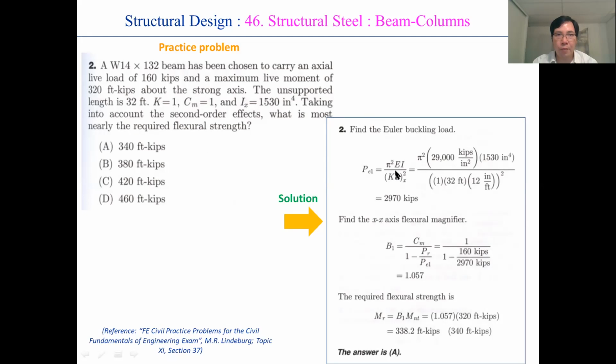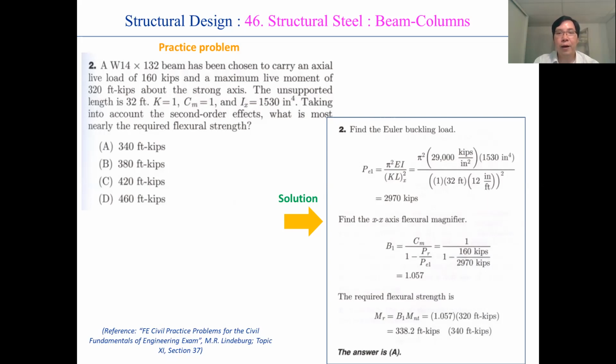For the solution of this problem, firstly, you can find the Euler buckling load Pe1 by this equation, and you replace the values of the parameters given at the beginning of the problem. You can find the value of P sub E1, equal to 2,970 kips.